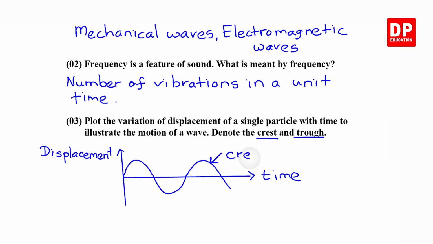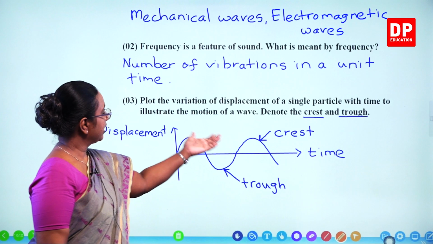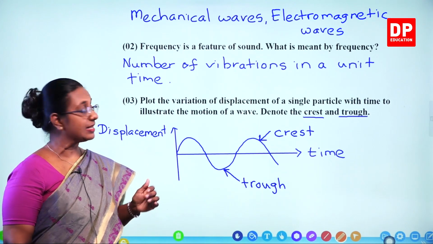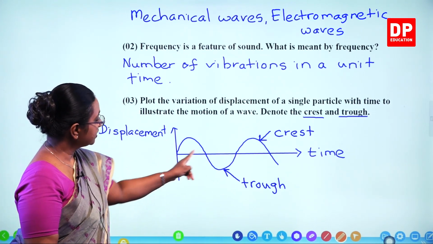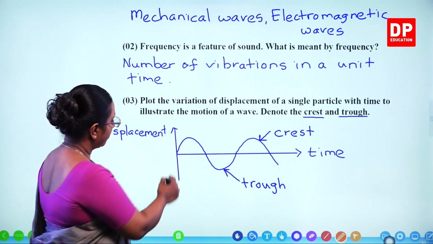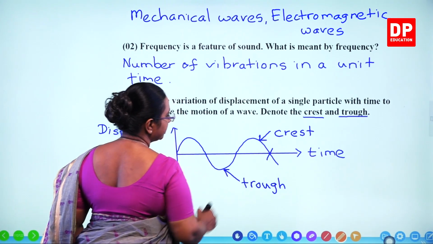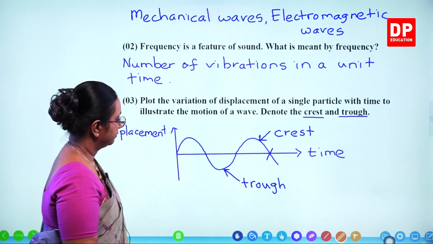Crest and the trough. So, that is the displacement of a particle with time. That is one wave. From this point up to here is one wave.